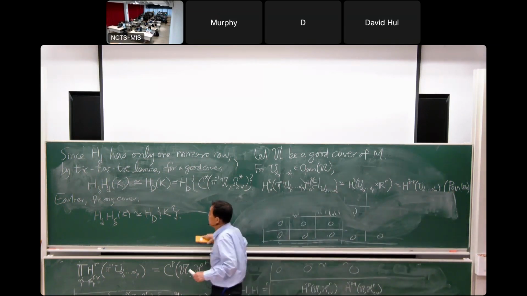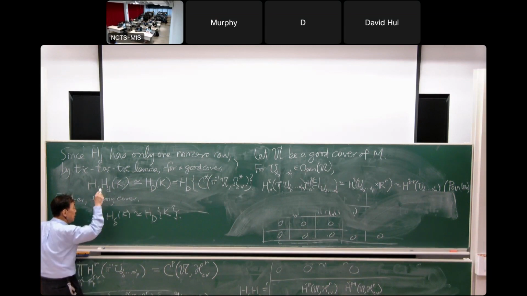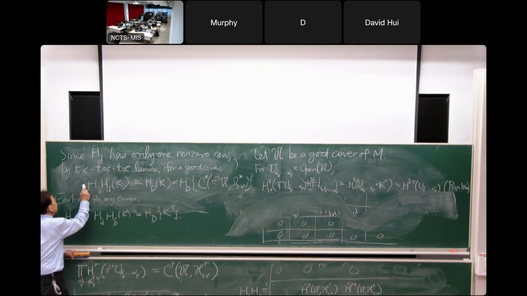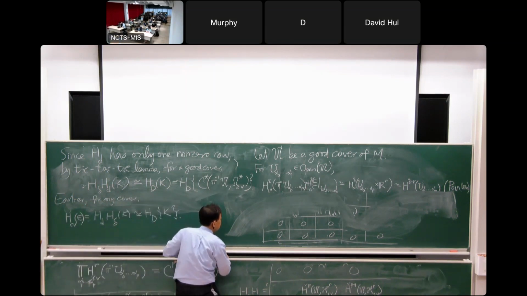Now, our conclusion. Earlier, we had a single non-zero row. H delta gives us the global form through compact vertical support. Then we take HD. So this was cohomology with compact vertical support of E. And this, yes, H delta HD is over here.